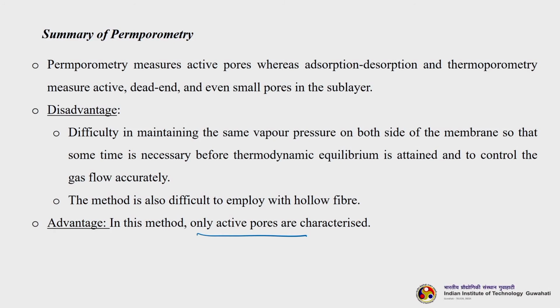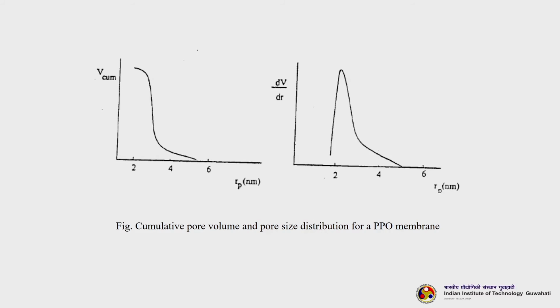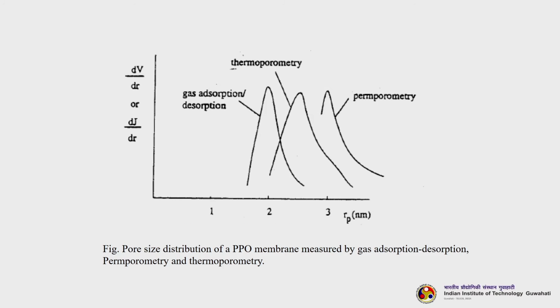So, you can see how the cumulative pore volume figure looks from this particular experiment and how we get a particular pore size distribution using this method for a PPO membrane. Now, in summary, we can understand from this figure the comparison between the three different techniques that we have learned: gas adsorption-desorption, thermoporometry and permporometry.